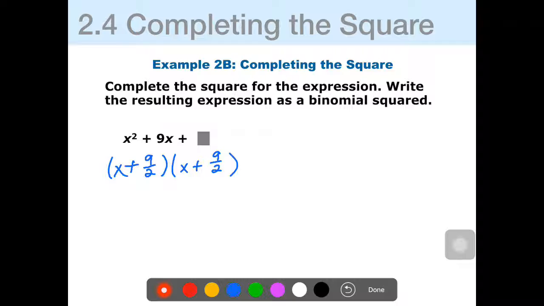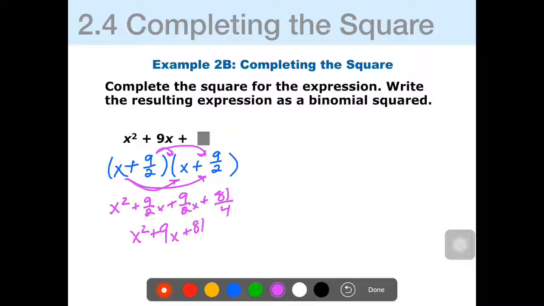And then when I do that and I multiply it all out, I get x squared plus 9/2x plus 9/2x plus, and then 9/2 times 9/2 is going to be 81/4. Okay, and I can see when I simplify that I would end up with what I needed.